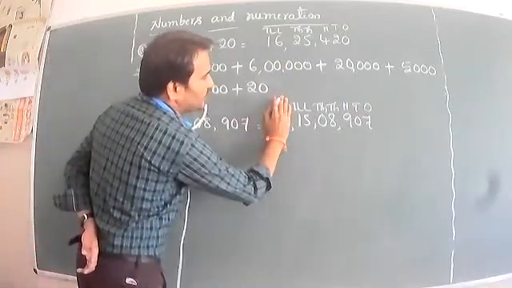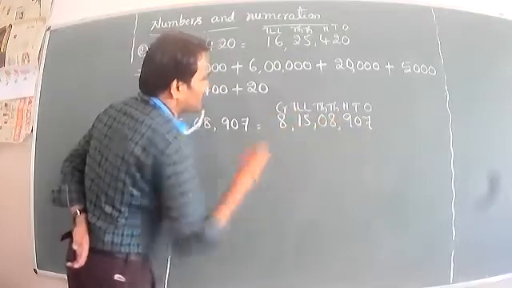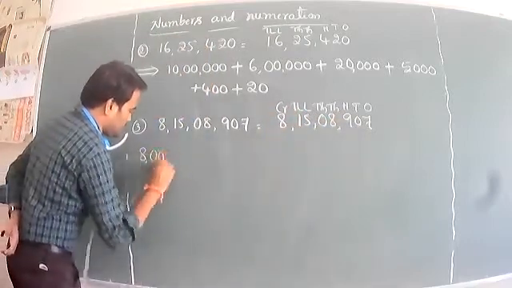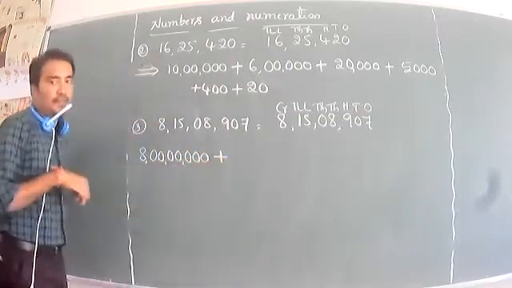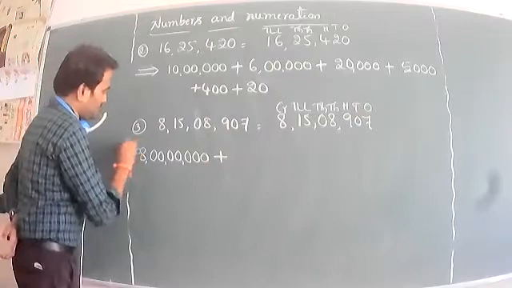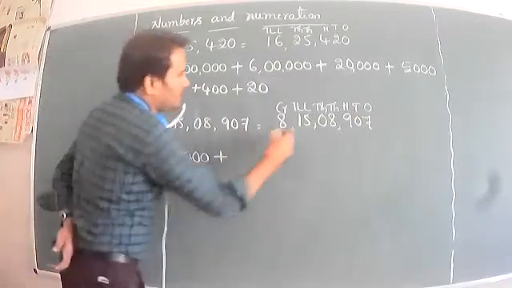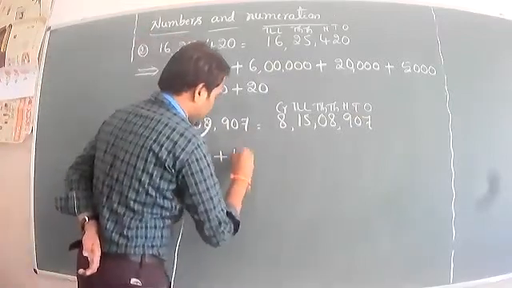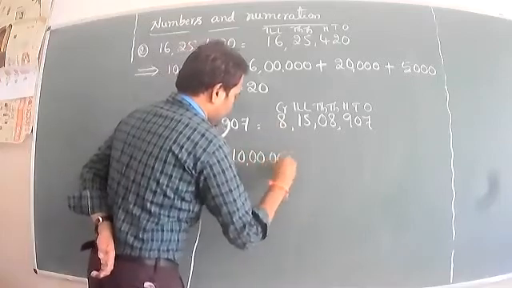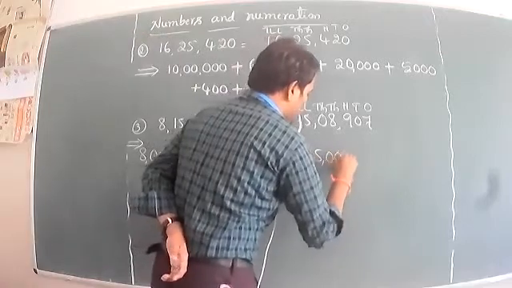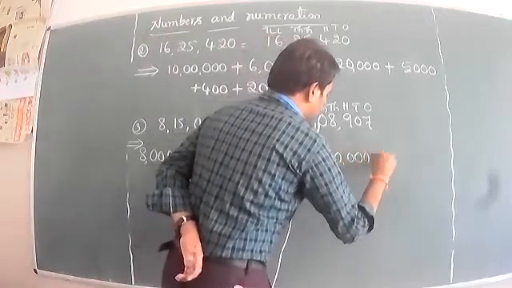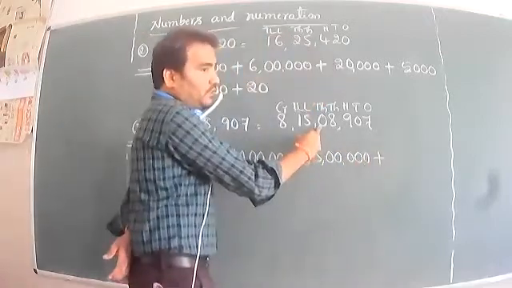Remaining how many digits? 2 plus 2, 4, 4 plus 3, 7. 8 crore, then 10 lakh, plus 5 lakh, plus 10,000 is not there, we leave it.